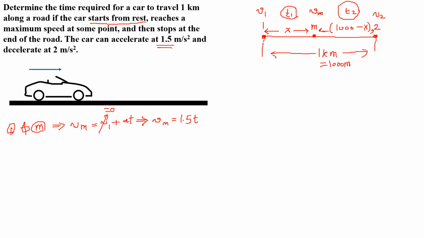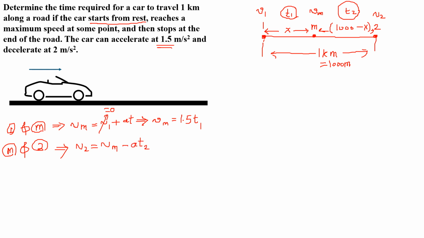Let me now do the same between point M and 2. I have the final velocity, which is V2, equal Vm. Now, since the car is decelerating between these 2 points, my acceleration will be negative, right?